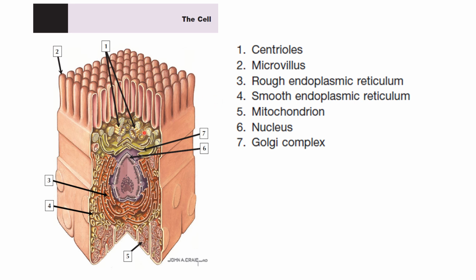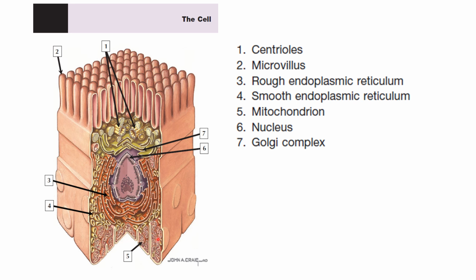Number 1 here, the centrioles. Number 2, the microvilli, singular is microvillus. The endoplasmic reticulum, which has a rough component labeled as number 3 here, the rough endoplasmic reticulum, or RER, and surrounding the rough endoplasmic reticulum is the smooth endoplasmic reticulum, or SER.